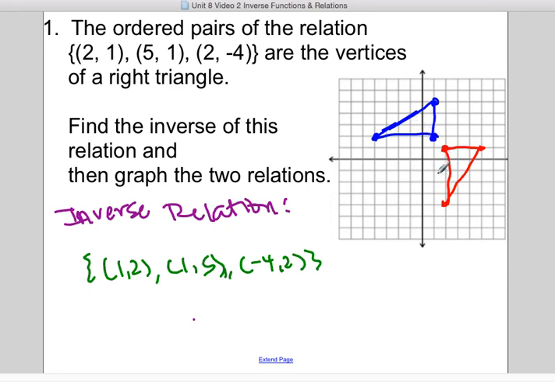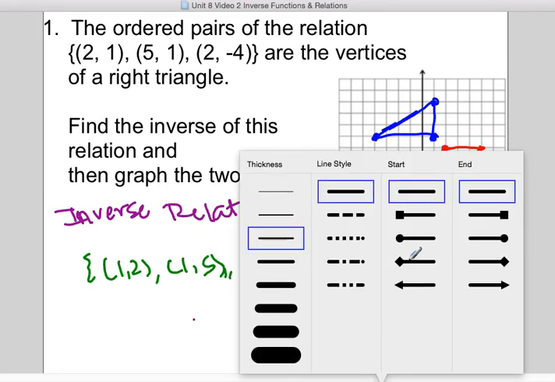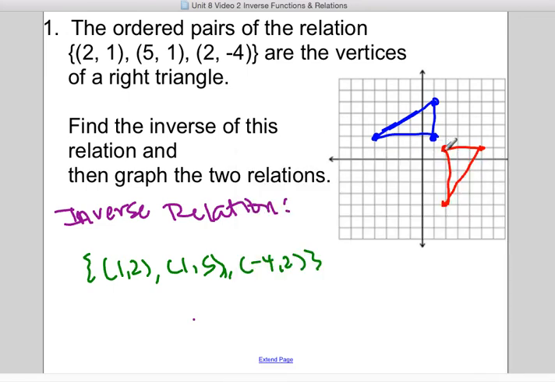So you should see the triangles are exactly the same. If you drew yours a little bit nicer than I drew mine, you'll see that they're the same size, same shape. One thing I would like to point out is that if I draw in the line y equals x, right here, do you notice that if you flip them across this line, you get the same thing?